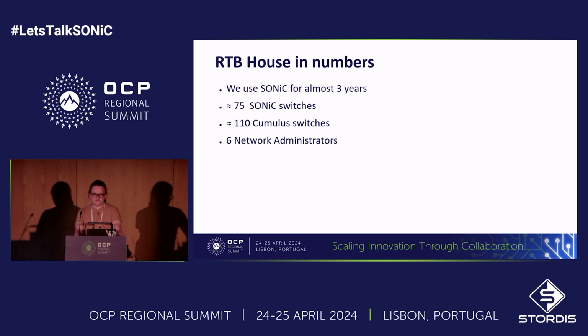We have over 100 Cumulus switches in the older part of the network. We have 75 SONiC switches, and this number is growing pretty rapidly. We have used SONiC for over 3 years, and we have 6 network administrators that configure them, and also other network devices like routers, VPNs, route reflectors, and others.